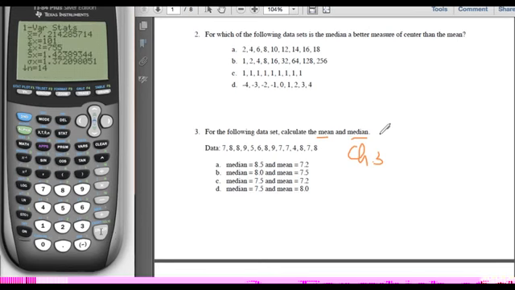When I hit Enter, I can see x bar, my mean, is 7.2. And if I scroll down, my median is 7.5. That matches choice C. The median is 7.5. The mean is 7.2.